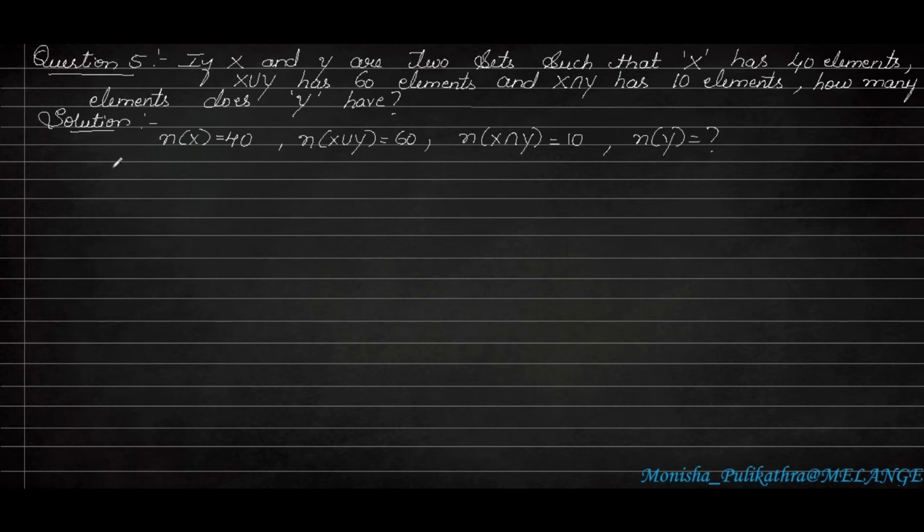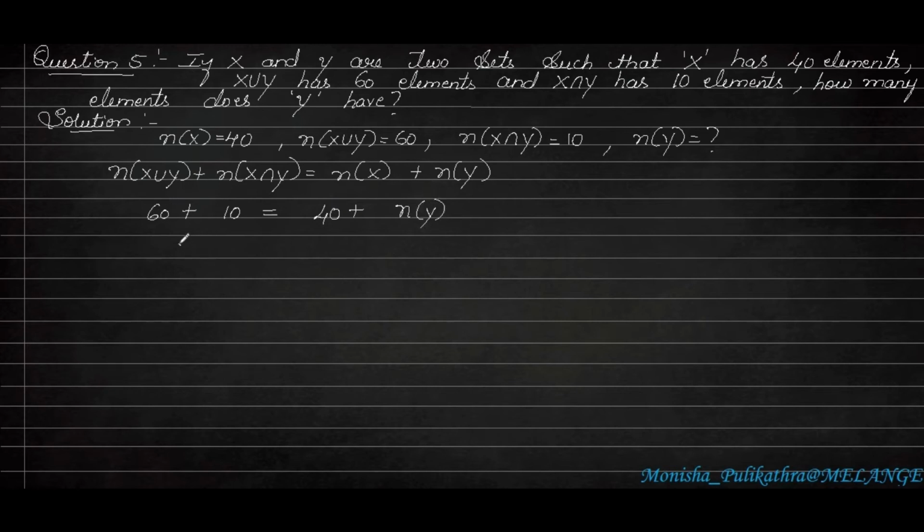N of Y we need to find out. Again the same formula: N of X union Y plus N of X intersection Y is equal to N of X plus N of Y. So X union Y is 60 plus X intersection Y is 10 is equal to N of X, which is 40, plus N of Y, which we have to find out.